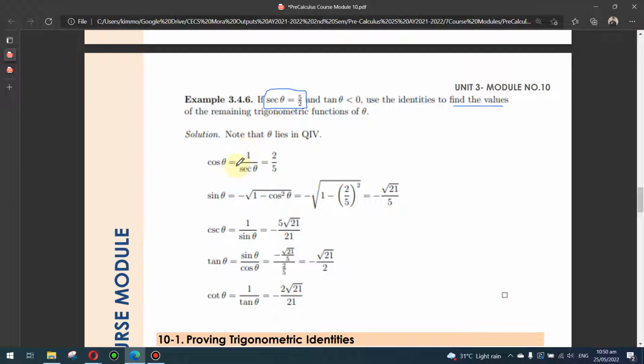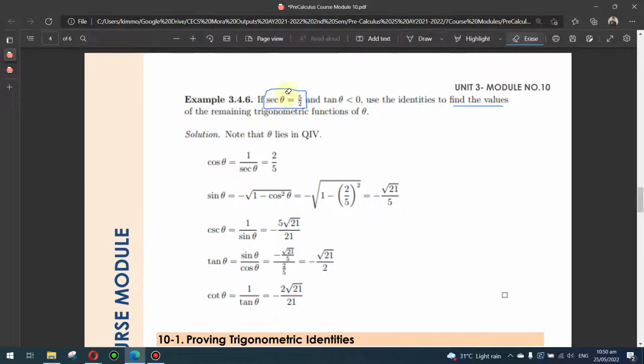So, first is to find for our cosine. No? Cosine, dahil namatay secant. So, using the reciprocal identity, no? Sa itong reciprocal identity, cosine is equal to 1 over secant. No? Cosine theta is equal to 1 over secant theta. So, that is 1 over 5 over 2. Di ba?